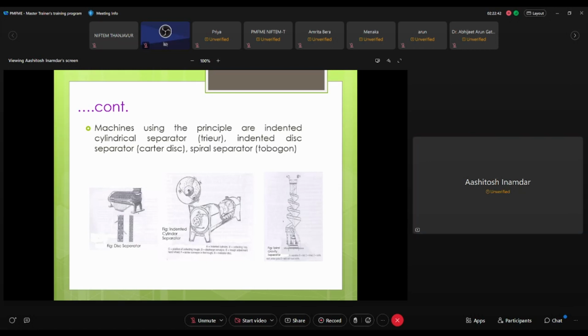The same case, if we are using a disc separator, which is the first figure here, the mode of operation is similar, but instead of a cylinder, here there are discs. The advantage of having a disc separator is the number of discs. We can have some discs which are small to attend to the small grains, and half of the machine will have discs which can attend to the bigger grains. So in one machine itself, we take care of both.